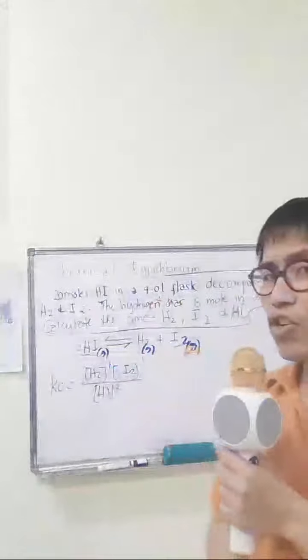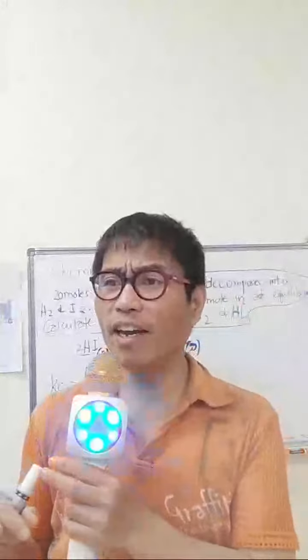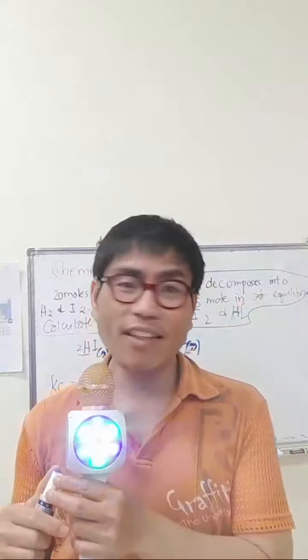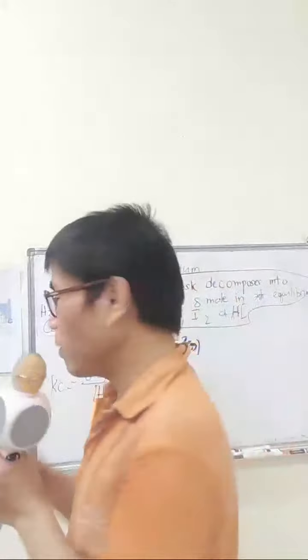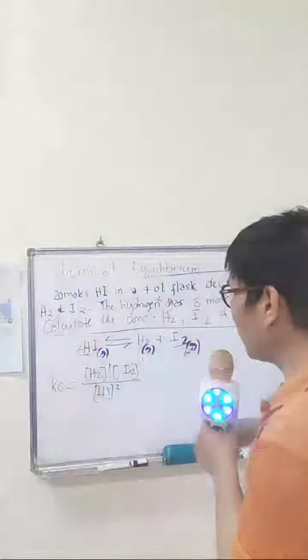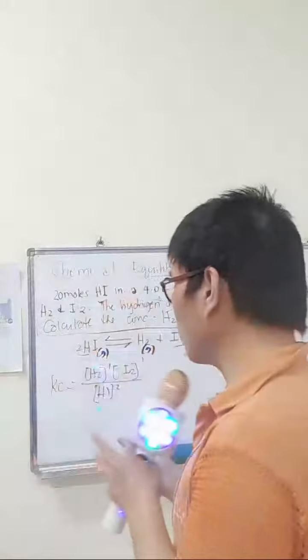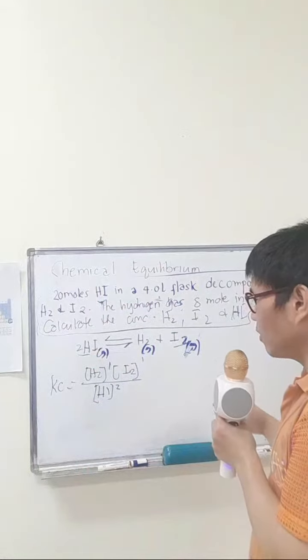The coefficient will be the exponent in chemical equilibrium. But in chemical kinetics rate law, it is not the coefficient. Later we will touch a little bit on basic chemical kinetics. You get the point.